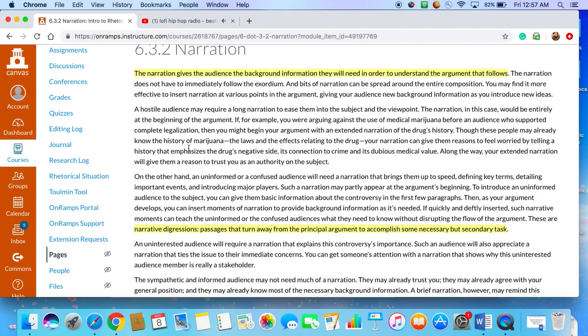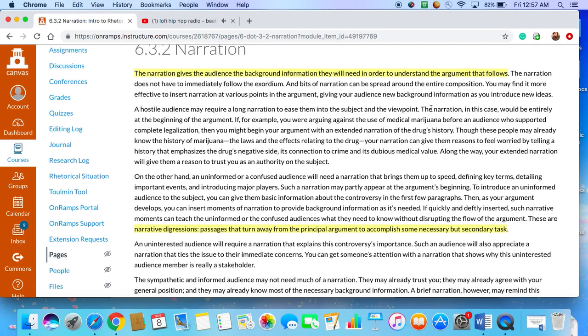So, for example, a really controversial topic right now, where if you're on one side or the other and you don't ease somebody into it, especially if they're hostile towards you, they're not going to want to listen, because it can get pretty heated pretty quickly, is the medical marijuana argument.